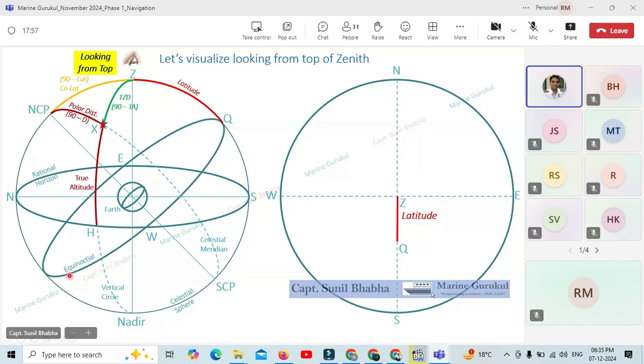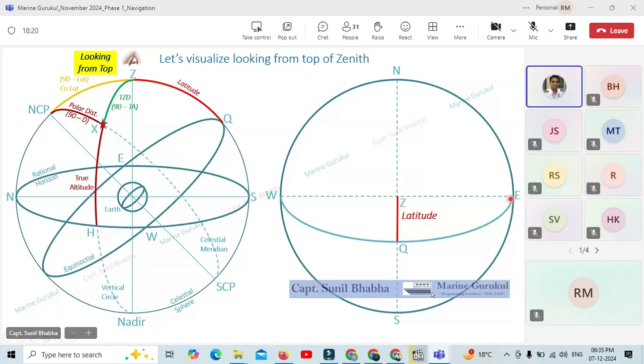So we can also show the equinoctial in our rational horizon diagram now. You have the W point here, the Q point here, and the E point here. So joining W to Q to E will give us the equinoctial.